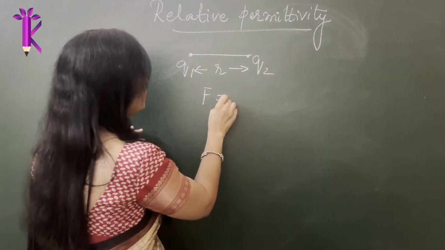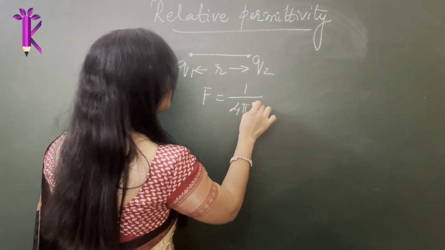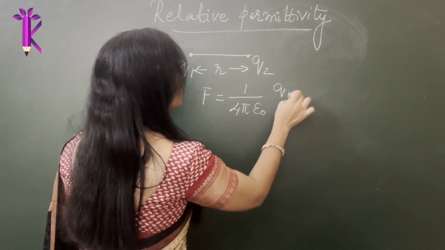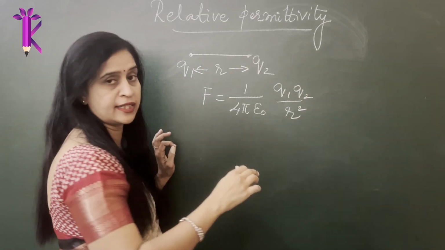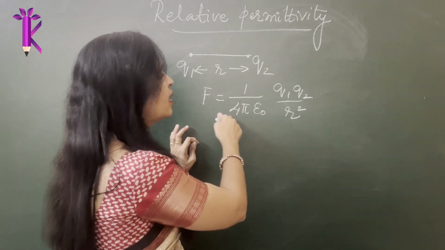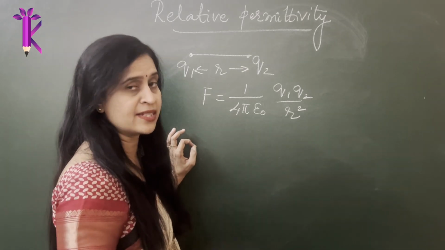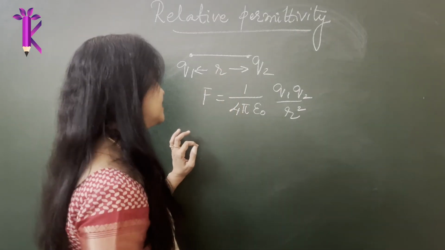How do you define the Coulombian force of attraction or repulsion? It is given by 1 by 4 pi epsilon naught Q1 Q2 divided by r square, acting along the line joining the two charges. I specify this because I'm not writing it as a vector here, but as such I'm stating it as Coulomb's law of repulsion in this case.